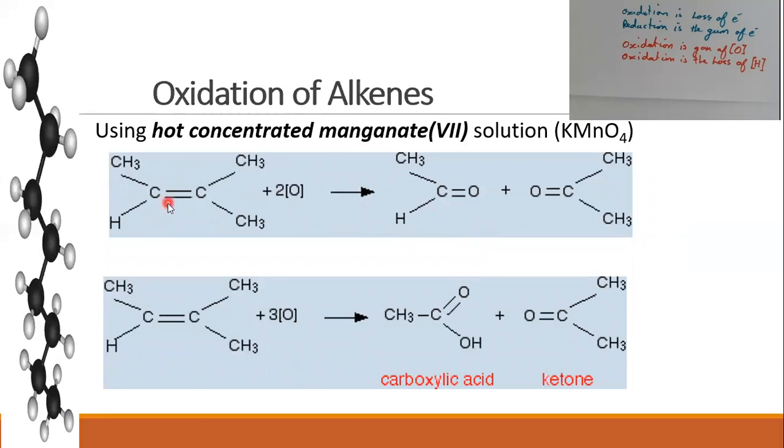So look at this. If we have a 2-methyl butene, again, hot concentrated permanganate is added. We break our double bond, we add our oxygen to it, and we end up with a ketone. No hydrogen to remove, no oxygen can be added. Done with this.